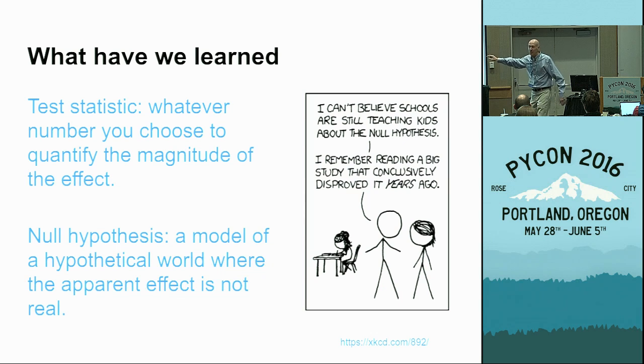The other thing to think about is what this null hypothesis is, which is a model of the world where the effect that you think might be real is assumed not to be real. And again, if you think about it as a modeling decision, you need to go from your actual data to a model of the world that is a generative model. It has to be a model that can simulate lots of possible worlds.